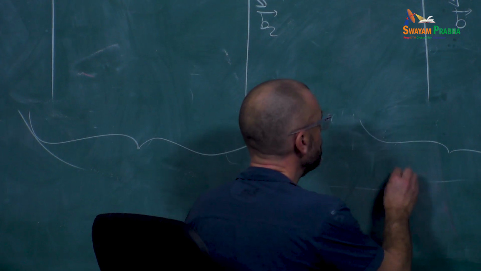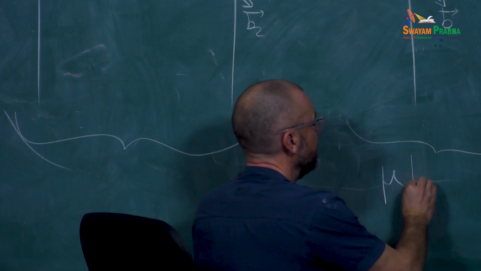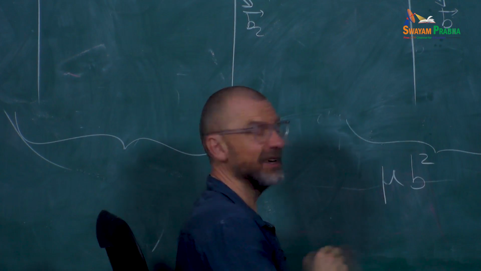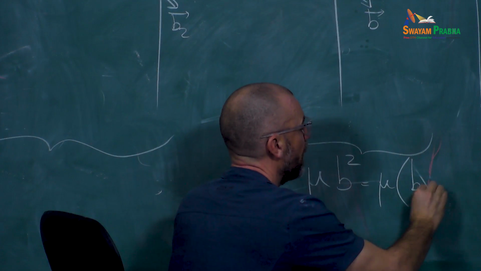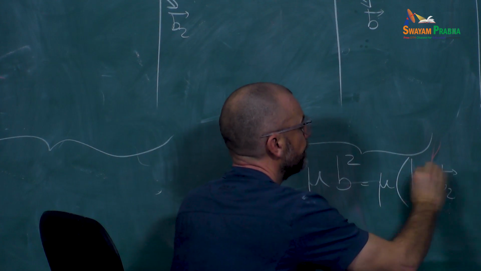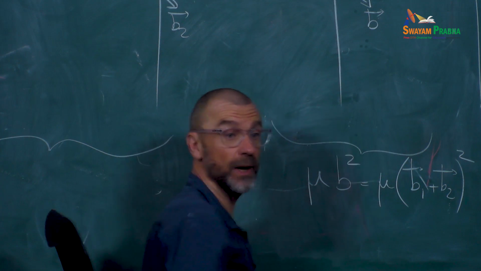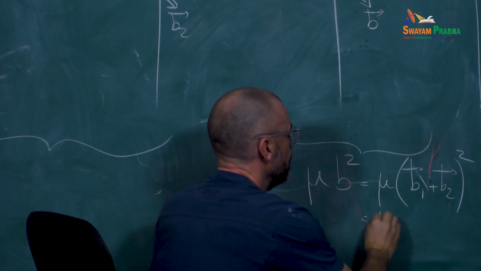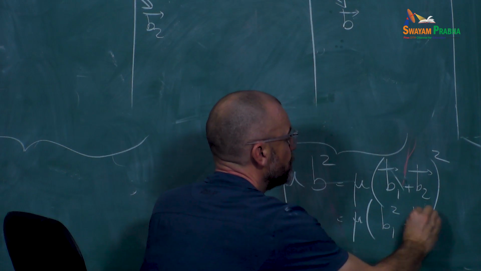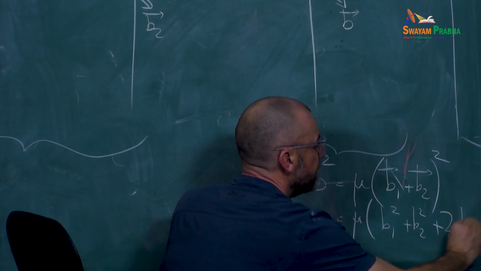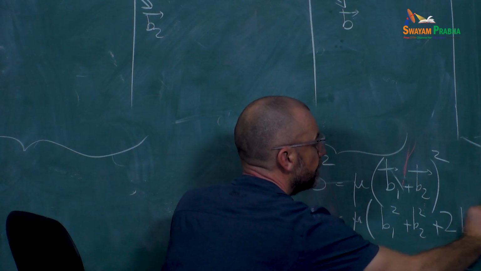So actually it's mu times B squared. So in this case, this would be mu times B1 plus B2 squared. And so that's mu, and I have B1 squared plus B2 squared plus 2 times B1 dot B2.